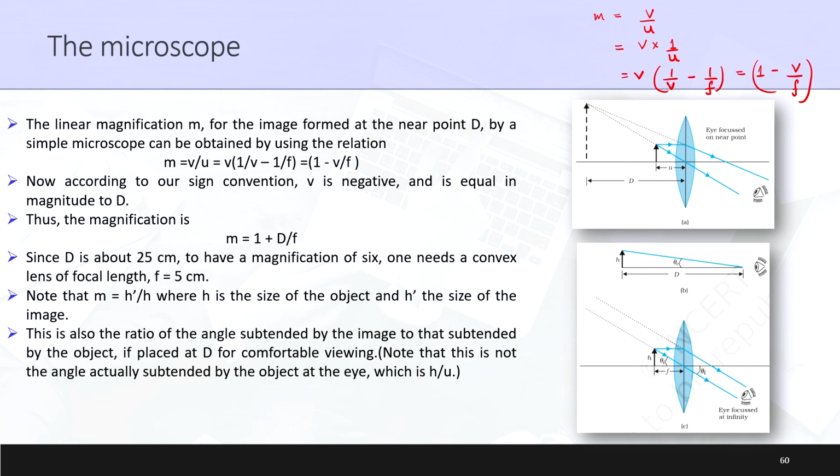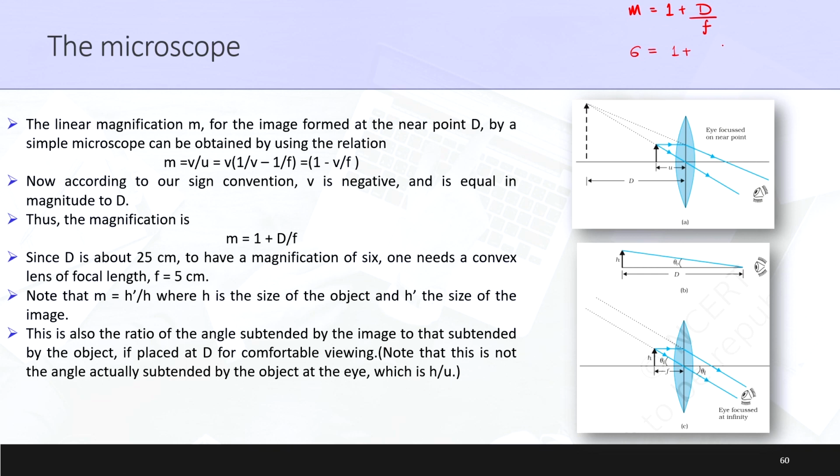Since D is about 25 centimeters, to have a magnification of 6, one needs a convex lens of focal length f equal to plus 5 centimeters. What is this saying? Magnification m is equal to 1 plus capital D by f.